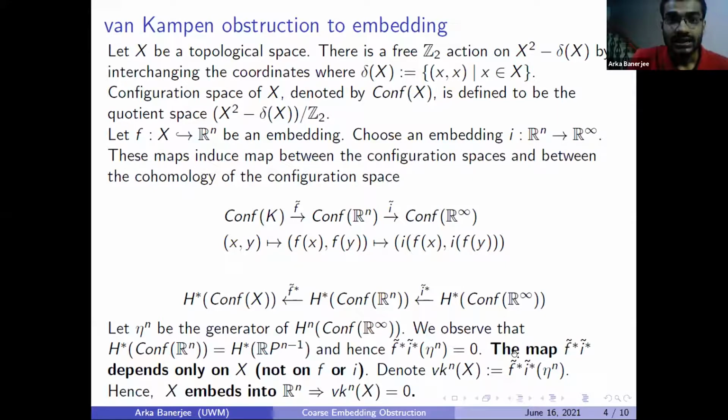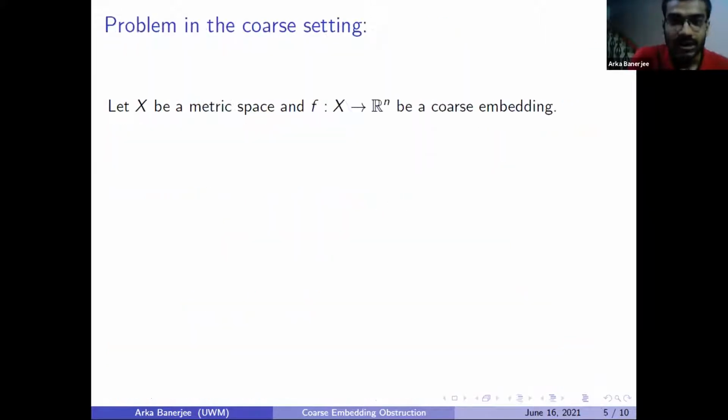Now, the first thing we want to do is mimic this construction in the coarse setting. Everything here was in the topological setting. So what happens if you try to do the same thing in the coarse setting? If you have this metric space, and now you have a coarse embedding.